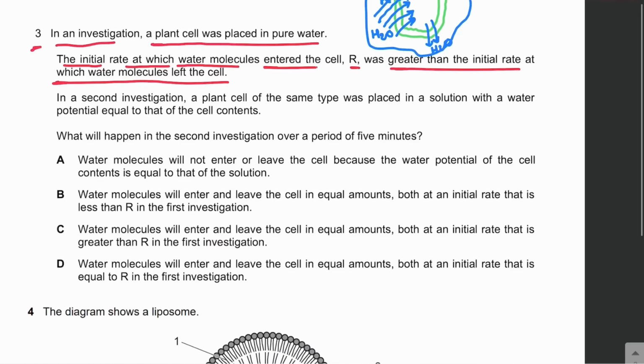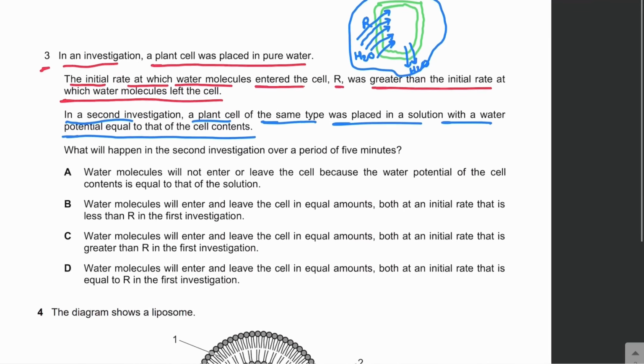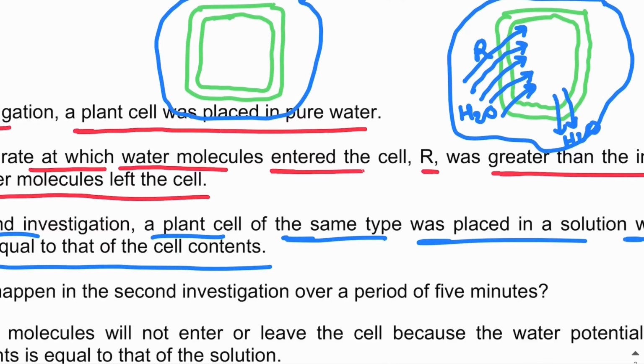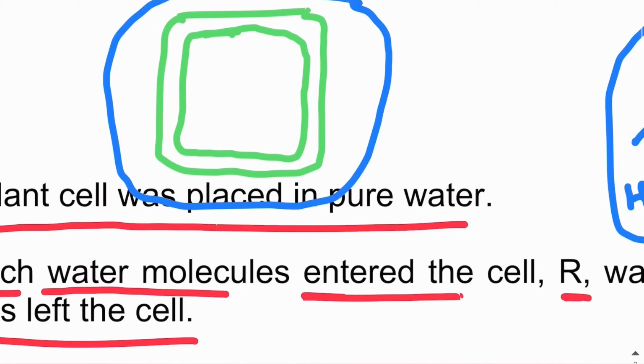In a second investigation, a plant cell of the same type was placed in a solution with a water potential equal to that of the cell contents. So guys, if the same plant cell is placed in a solution that has water potential equal to the cell, the rate of water loss will be equal to the rate of water uptake, right?